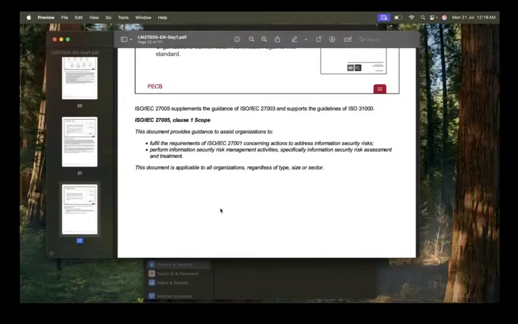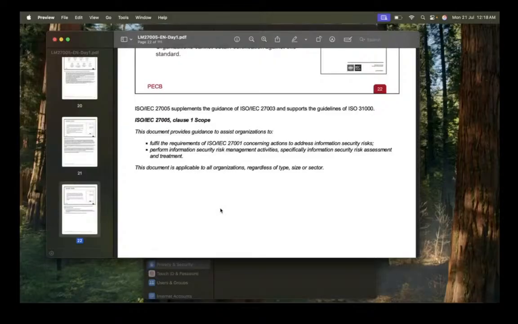Basically, there are mainly two scopes, two points. This document provides guidance. It provides assistance to organizations to fulfill the requirements of 27001 concerning actions to address information security risks.